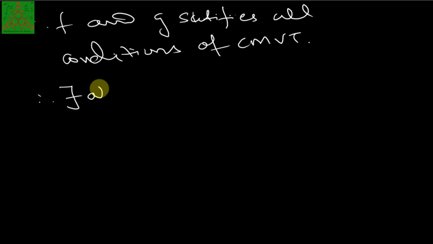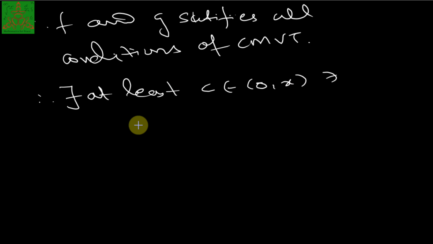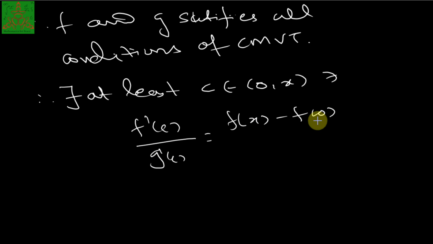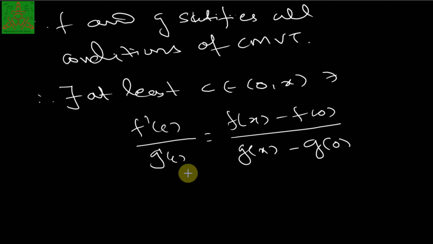Therefore, there exists at least one c in between 0 and x such that f dash of c upon g dash of c is equal to f of x minus f of 0 upon g of x minus g of 0. What is the function f? We have considered it as e power x and g of x is x.